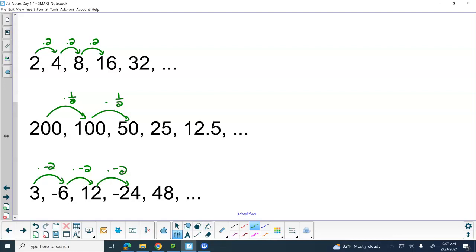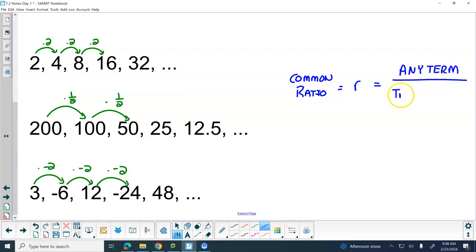Okay? The kicker is that to figure out that common ratio, in a minute here we're going to call it R. To find that common ratio, we're going to take any term other than the first term, and we're going to divide it by the term before it.